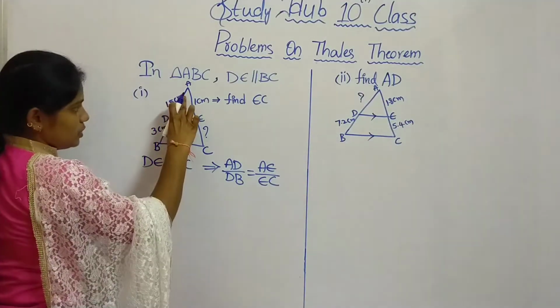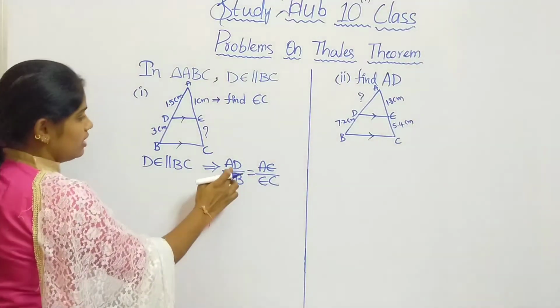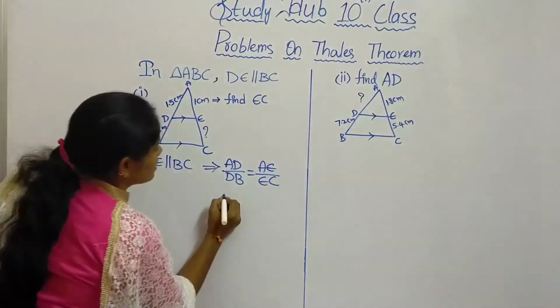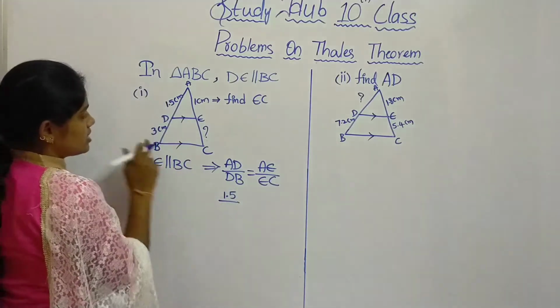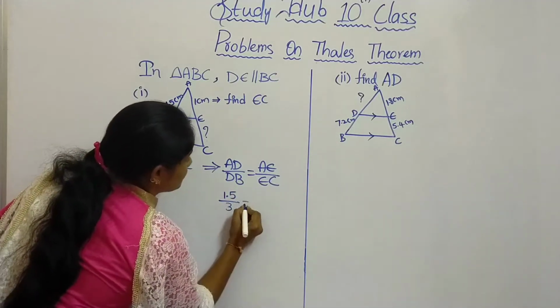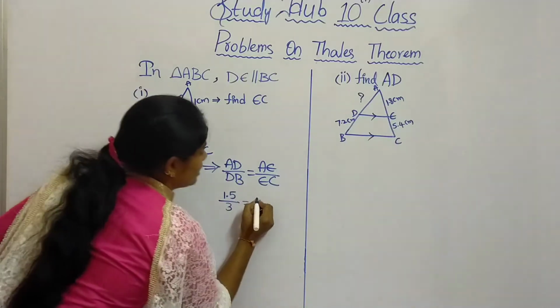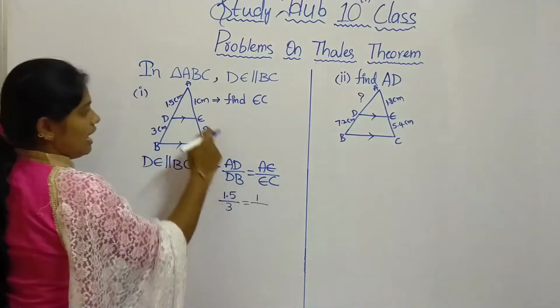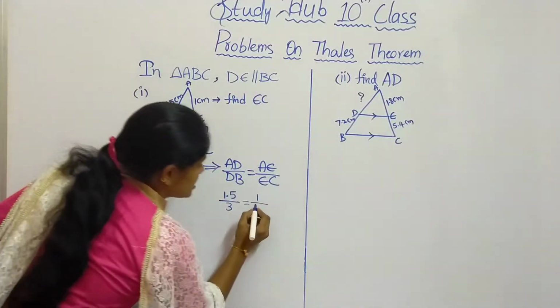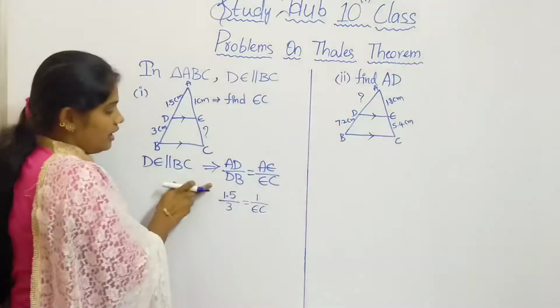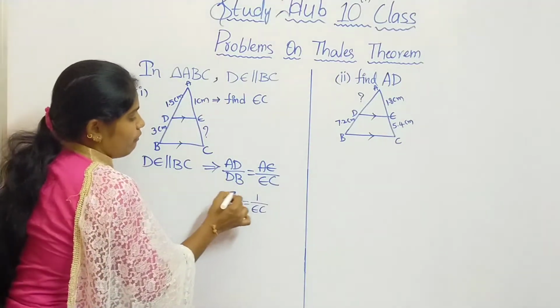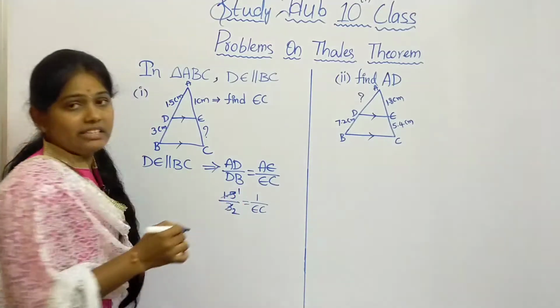So let us substitute the given values in this condition. The value of AD here is 1.5, DB is 3 centimeters and AE is 1 centimeter, and we have to find the value of EC, so let it be as it is. For simplification, 1.5 ones are 1.5, twos are 3.